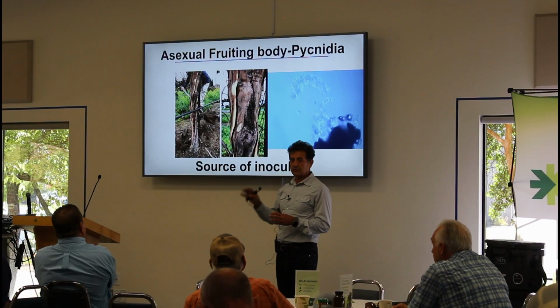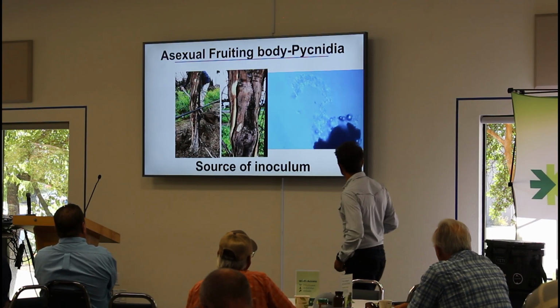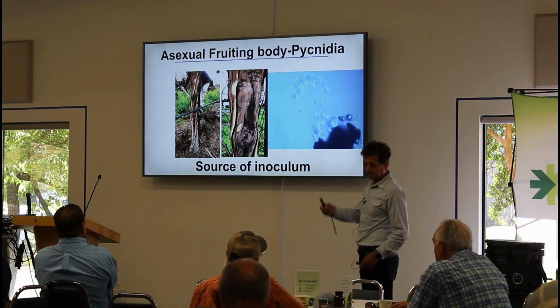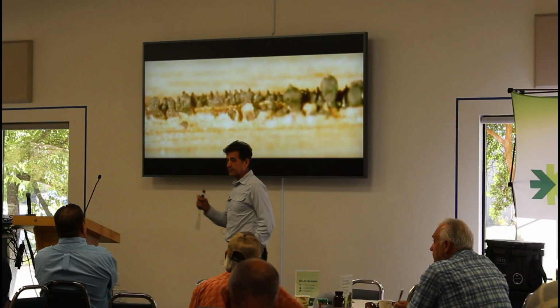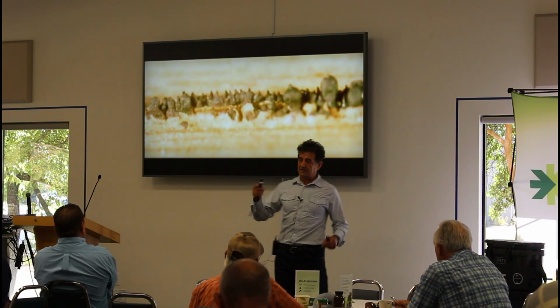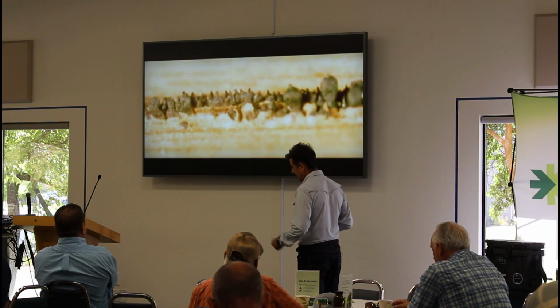This is the asexual fruiting body. The pathogen produces each one of them identical and in series. The same pathogen can also produce perithecia, which is the sexual reproduction of the pathogen, which I'm going to show you in a video.